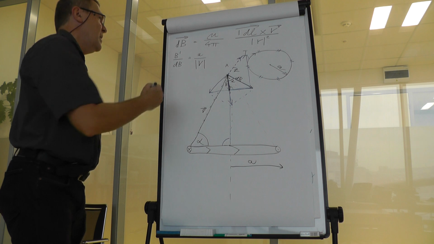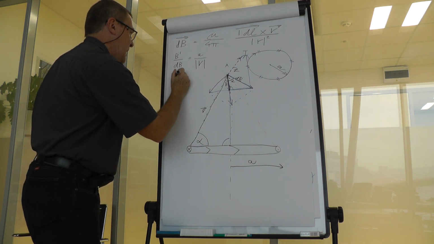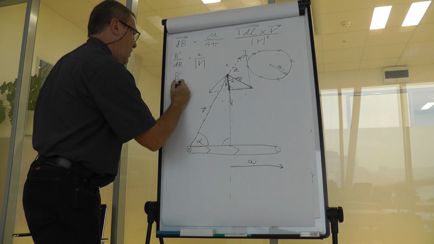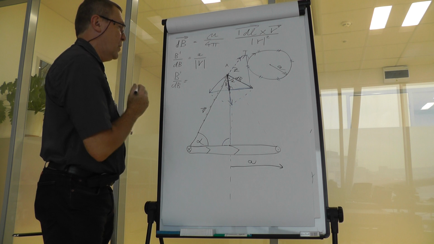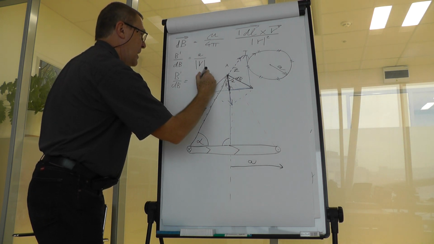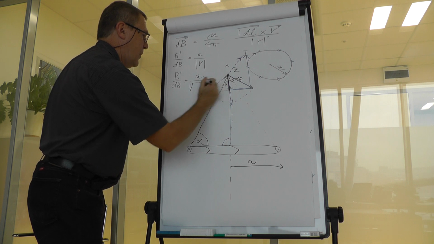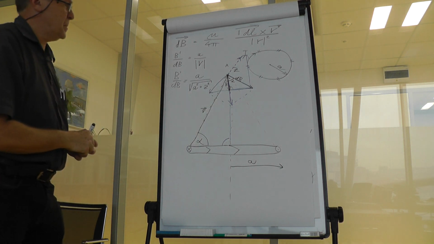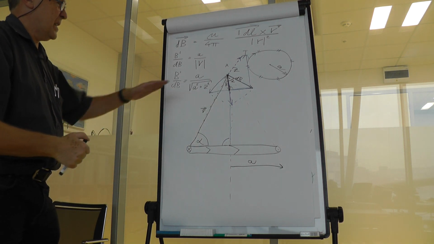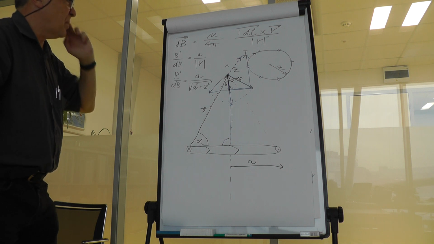So, okay, we can tell now that B over dB is equivalent to a over the square root of a squared plus z squared. Well, that's nice. And we should possibly proceed.